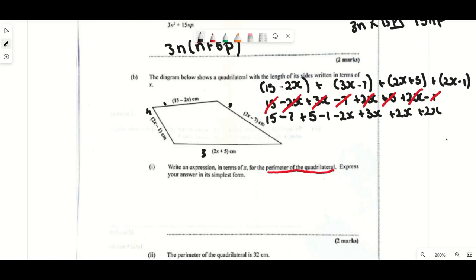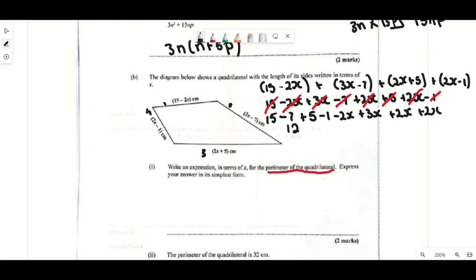So you can use a calculator if you don't know. 15 plus 5 is 20. 20 minus 7 is 13. 13 minus 1 is 12. If you're not 100% sure, we'll do it on our calculator: 15 subtract 7 plus 5 minus 1 is 12.